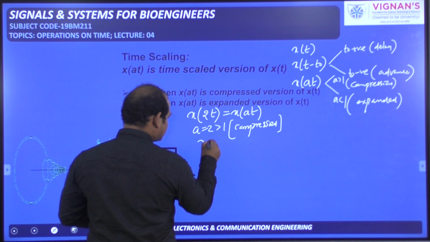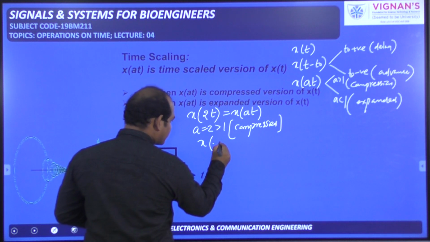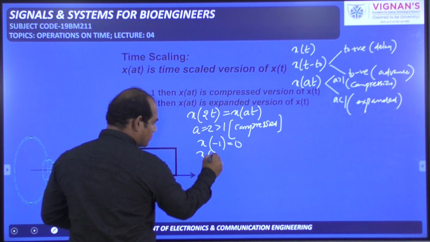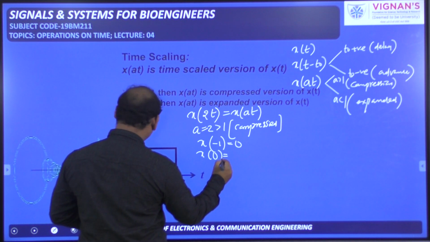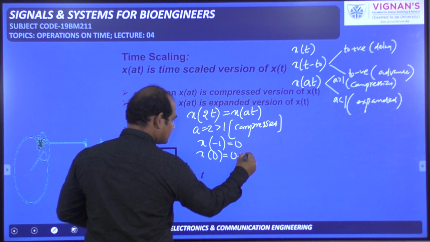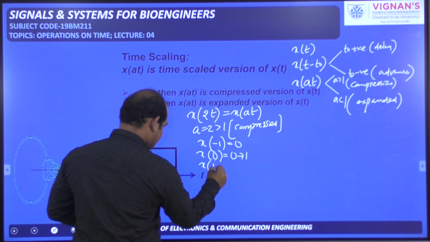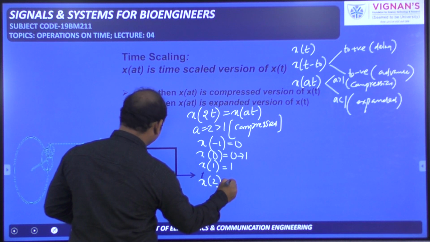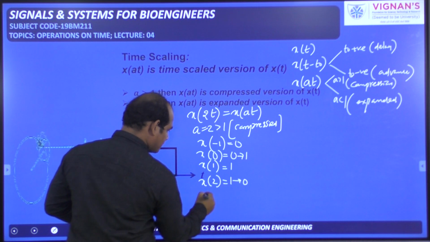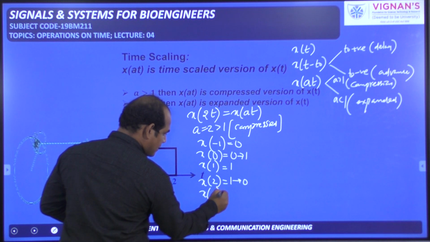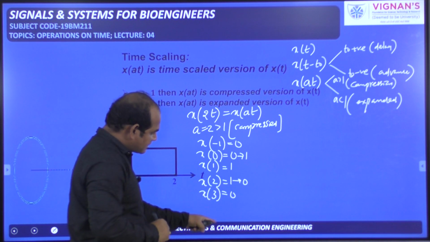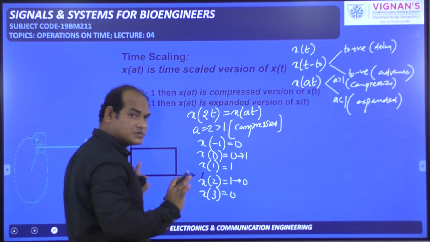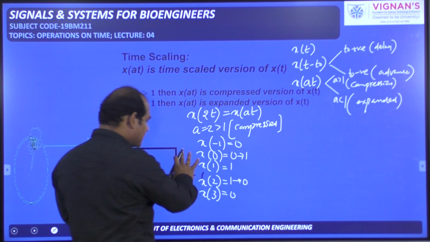X of minus 1 is equal to 0, x of 0, amplitude is changing from 0 to 1, x of 1, amplitude is 1, x of 2, amplitude is changing from 1 to 0, x of 3, amplitude is 0, x of 4, x of 5 all are zeros, x of minus 2, x of minus 3, x of minus 4 all are zeros. These are the values we have written from the given signal.